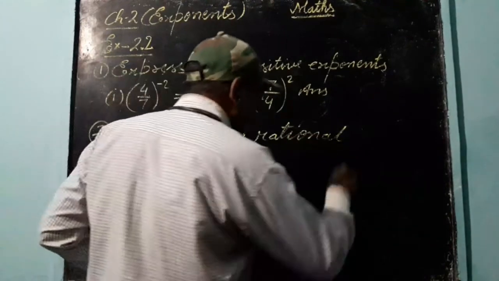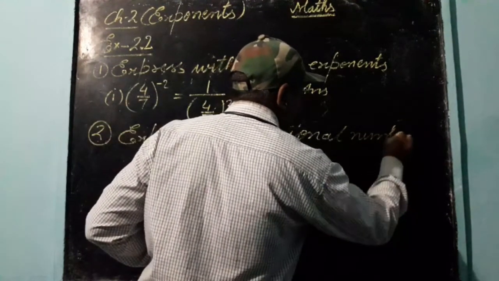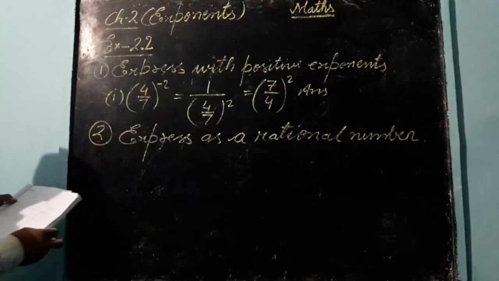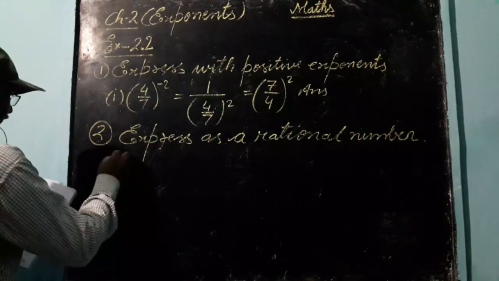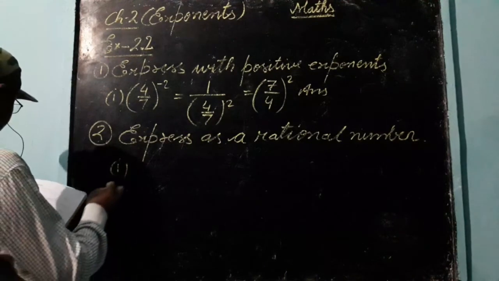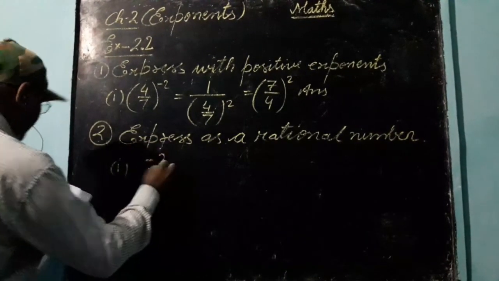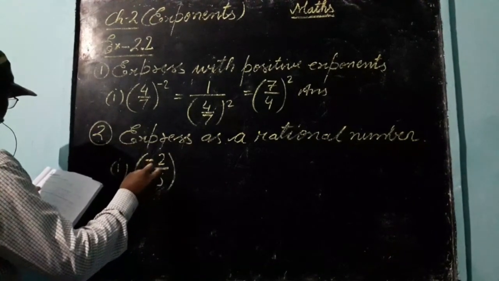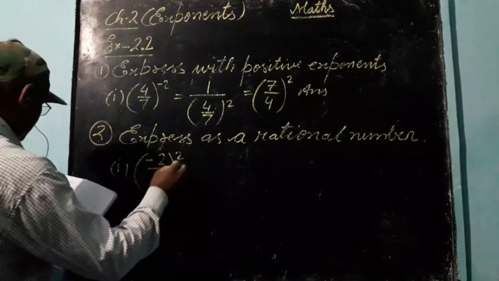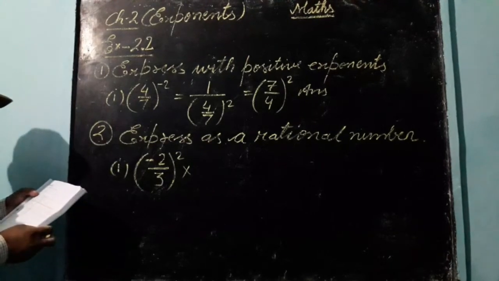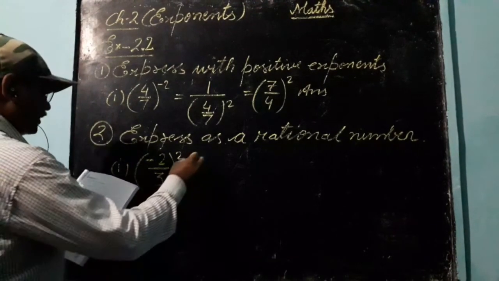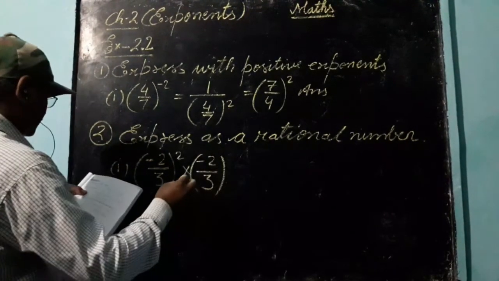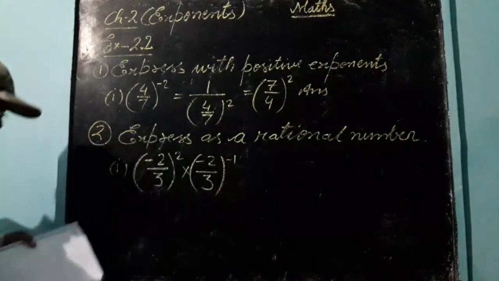First of all, given -2 upon 3 to whole power 2 into -2 upon 3 to whole power -1. Then we have to solve. Yes, students.